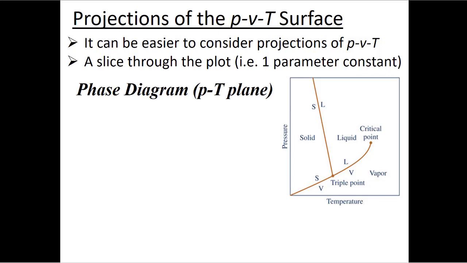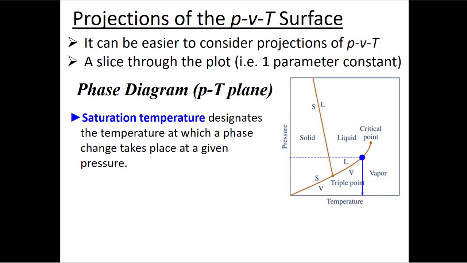A lot of times we'll have a two-dimensional representation of these kinds of graphs. And here the lines indicate where you're changing phase. But it's only a line on this graph if we take a PT graph. And we like being able to see the vapor dome because so much of what we're doing happens when we're changing phase. So we really want to know what's going on when we change phase.